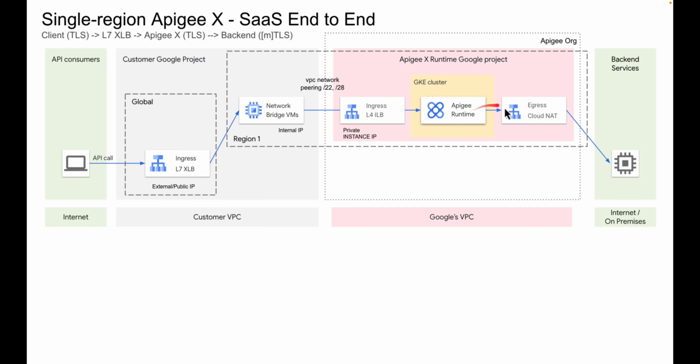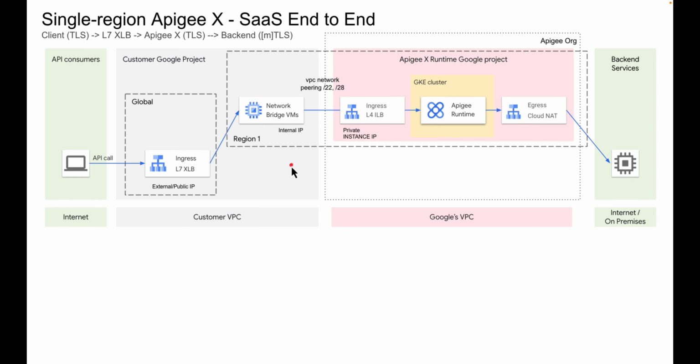Okay, so from the external load balancer, I am able to reach the Apigee runtime directly. From the Apigee runtime, I can access different backend services like internet hosted workloads or on-premises workloads. We will come back later to the southbound connectivity from the Apigee runtime to the different workloads. Here we are focused on the northbound connectivity from an API consumer to the Apigee runtime.